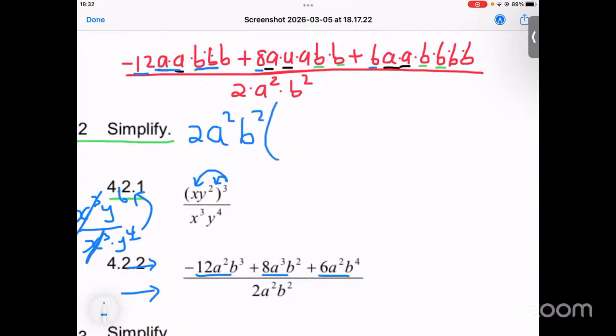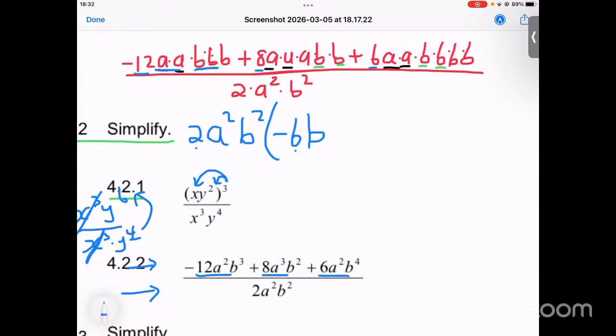So what do I remain with? So in the first term, definitely it will be negative. What will that number be? It's going to be negative 6 because I have to say that times that it has to take me to negative 12. So what remains? I think it's going to be negative 6b because I've taken out 2 b's. Yes.